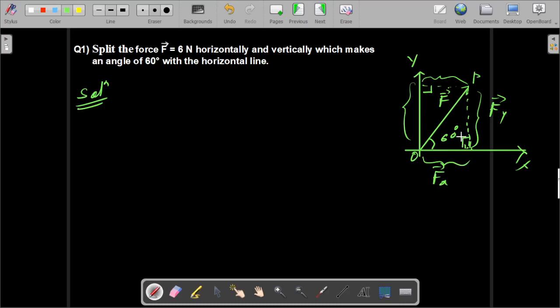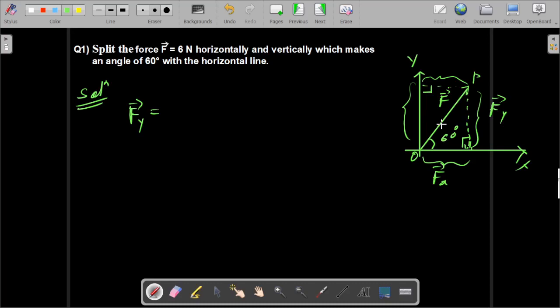So now this is a right angle triangle. From here, how can we get the value of Fy? This is theta.